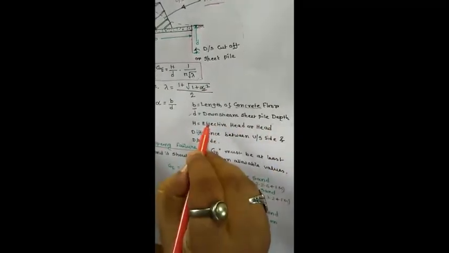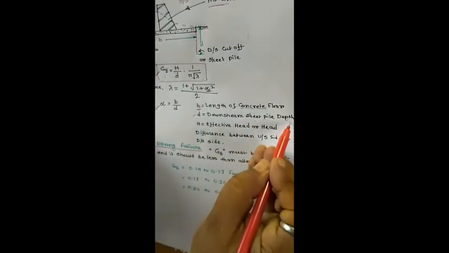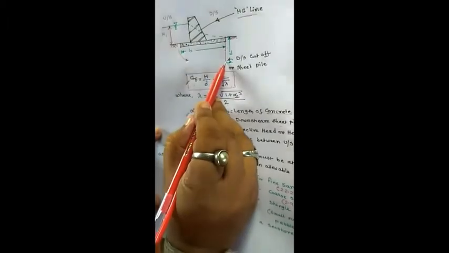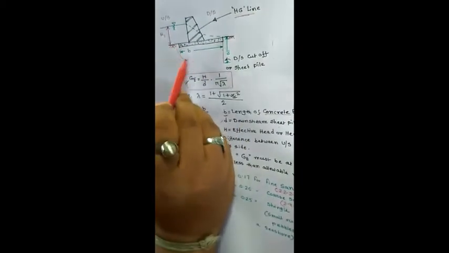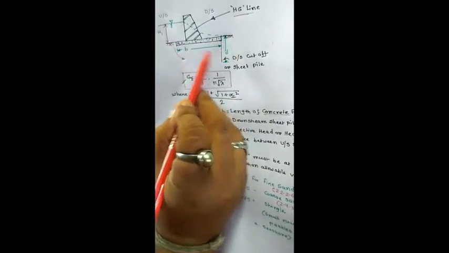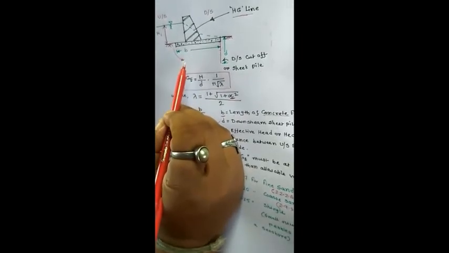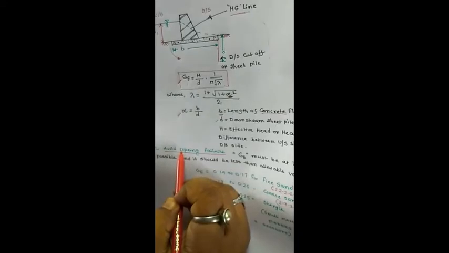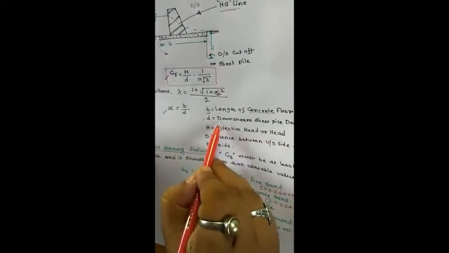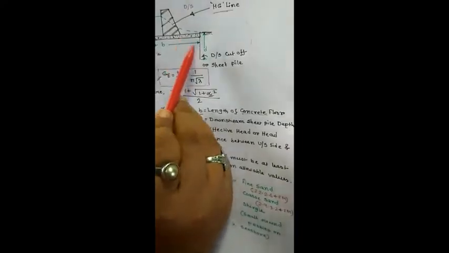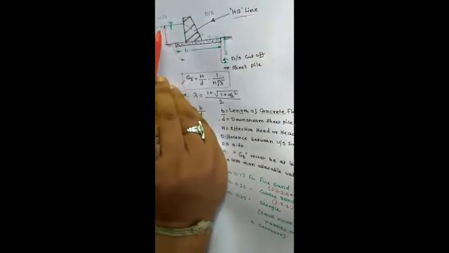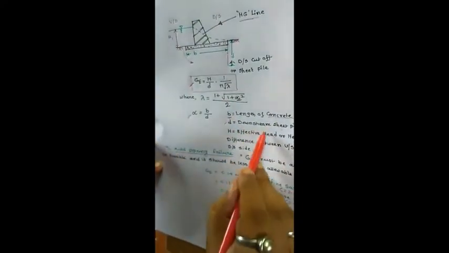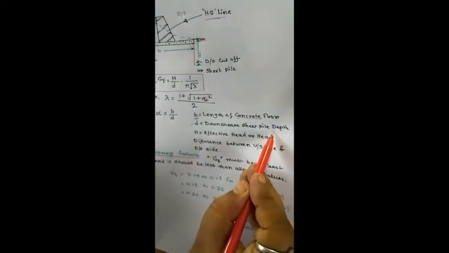You should know that there could be plenty of piles here. Piles are generally provided to provide resistance to the water as long as it moves. I am talking about D as only the downstream side. You can see this is the downstream side and here is the upstream side. D is the length of the pile on the downstream side.